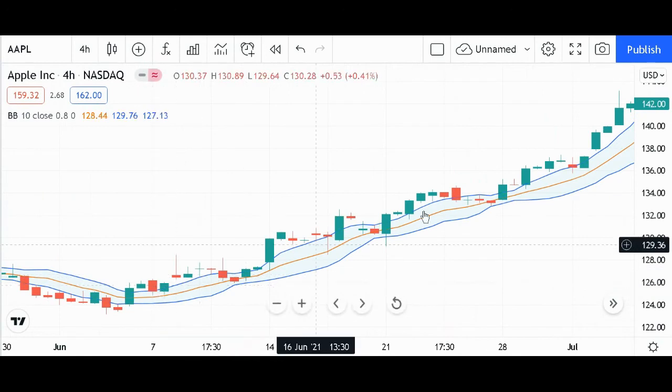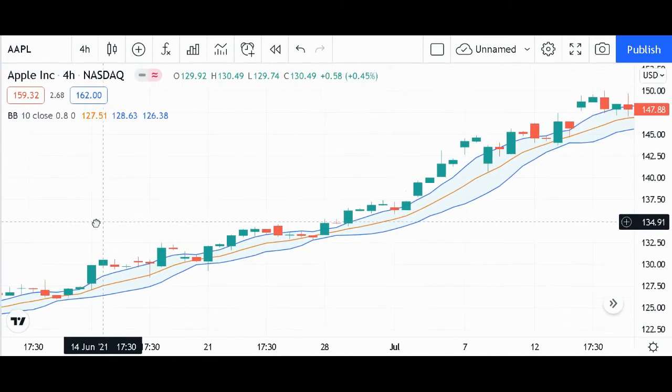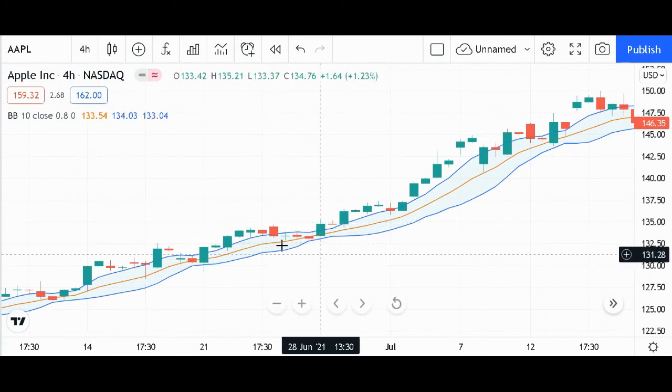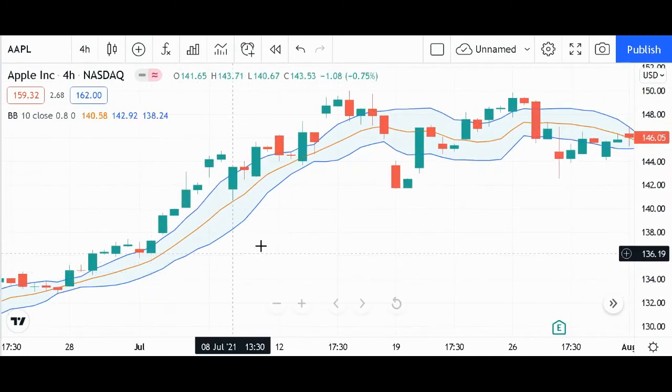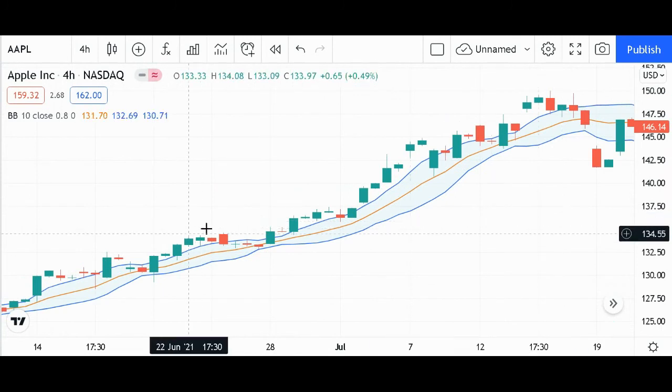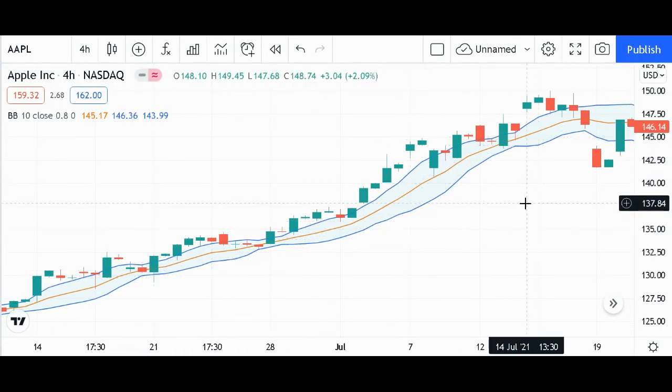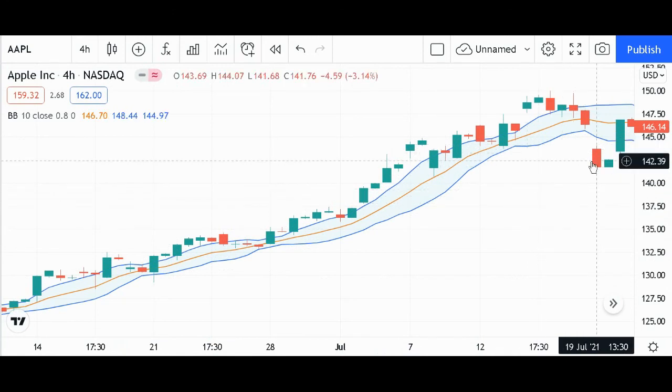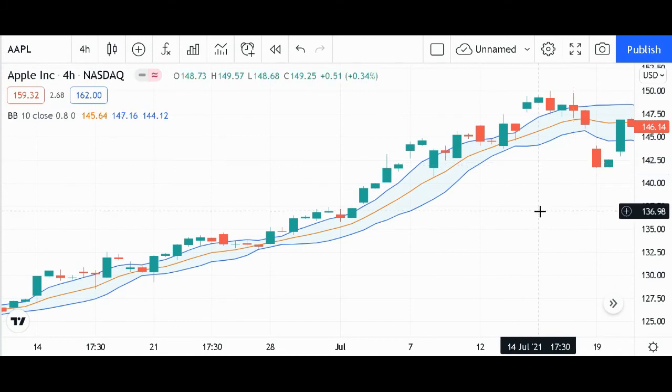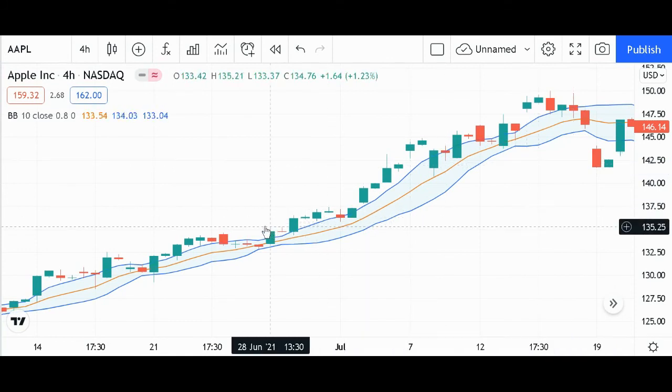If you just do long only, because this is Apple stock, Apple stock has a tendency to go up over time, doesn't it? Even though it dips sometimes. So if you're using great stocks that tend to go up over time, you might choose to use a long only type of strategy. And then when it goes below the lower band, you just sell, hopefully for a profit. No guarantees, of course. So that's MOBO.